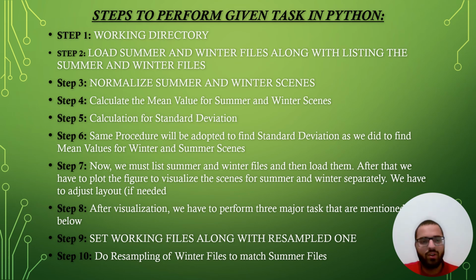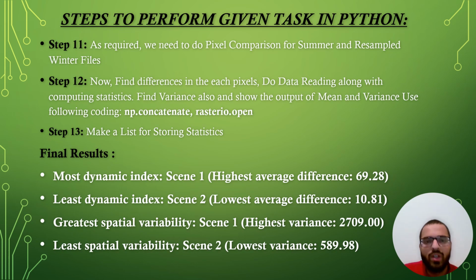Resampling we do for the winter files, and then as required we need to do pixel comparison for summer and resampled winter, and find the difference in each pixel. That's the second one. And the third one is to compute the statistics. So those are the three I told before. And then make a list for storing statistics.